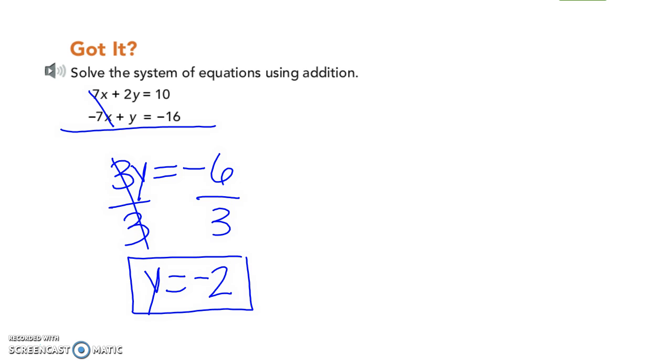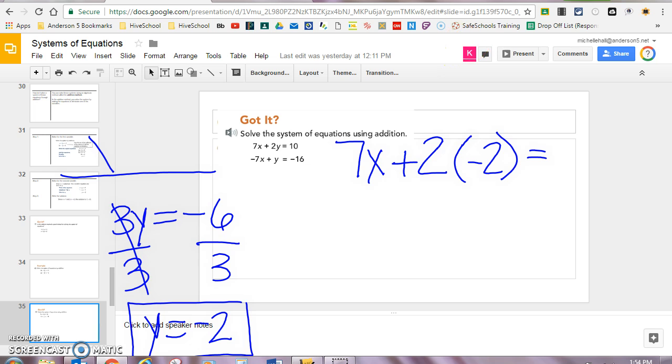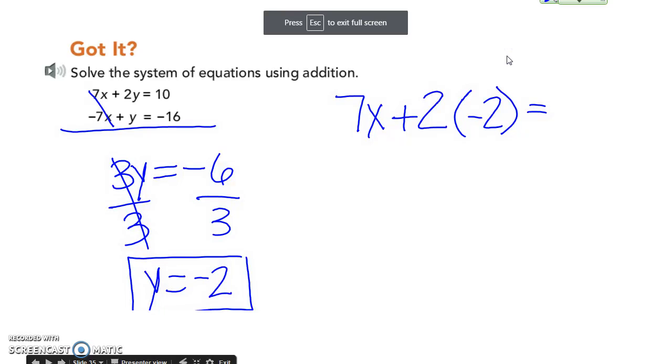Now we need to find what x would be. So I take my first equation. I could also do my second equation if I was feeling spicy. So that should say 10. So I've taken my y equals negative 2 and I've plugged it in for y.